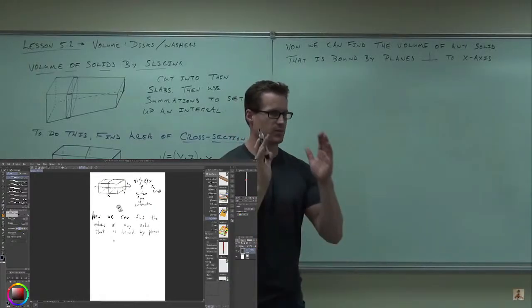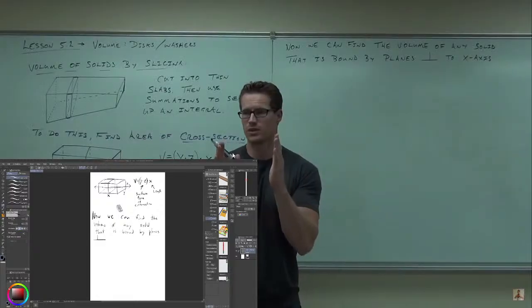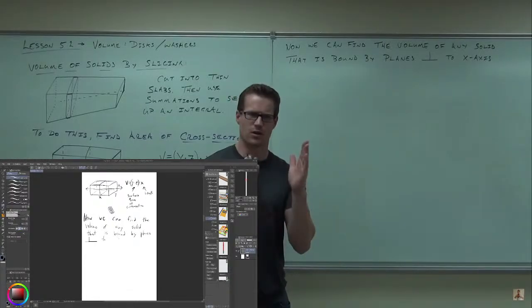You know, I probably should say at points A and B. So at where we're starting and where we're stopping. So if we only wanted to find the volume between here and here, it would just have to be perpendicular at those points. The rest of it really wouldn't matter, just like an area under a curve doesn't matter if it's undefined. It's just between the two intervals, between the interval that we talked about. Are you following me on that one?